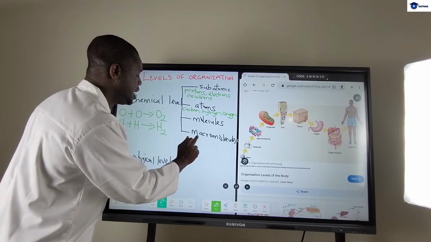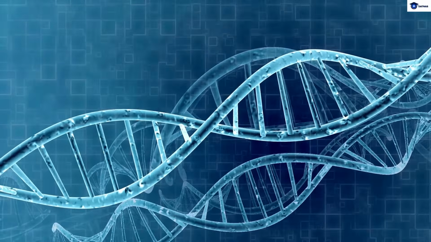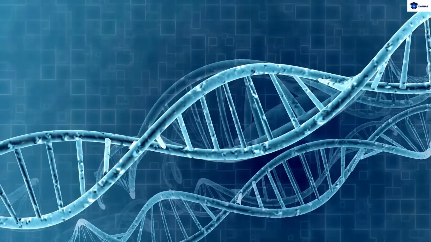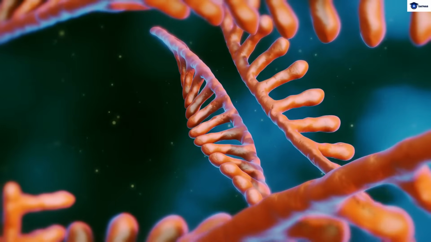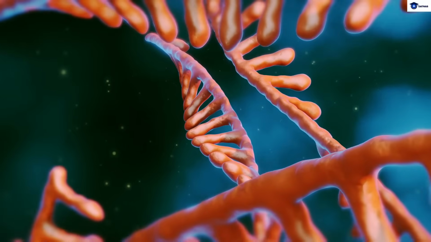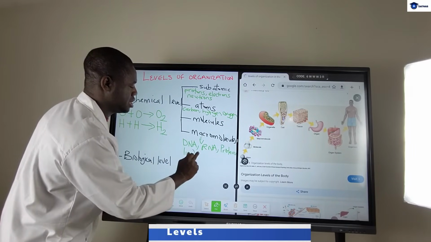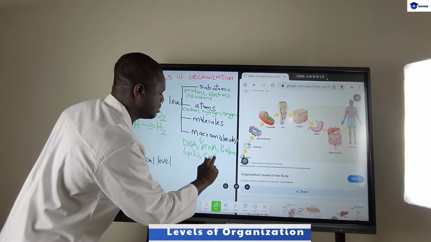Example of this is the DNA, the RNA, proteins, lipids, and carbohydrates.